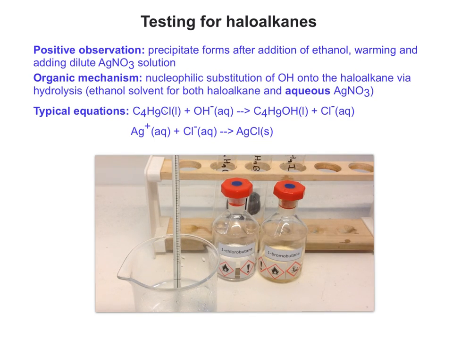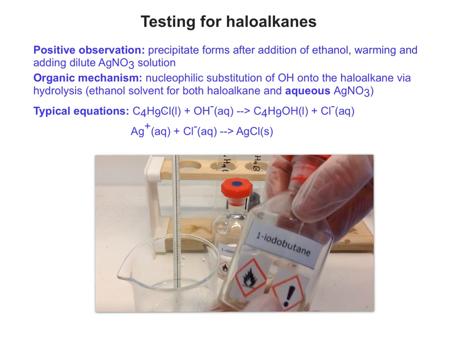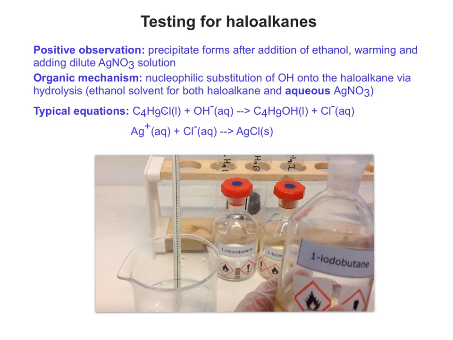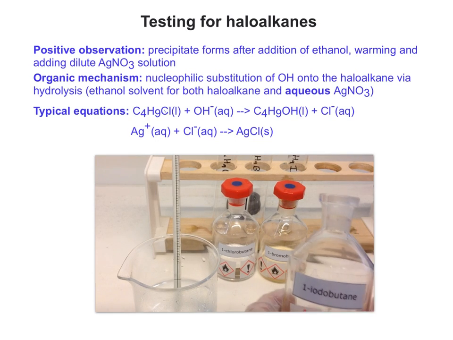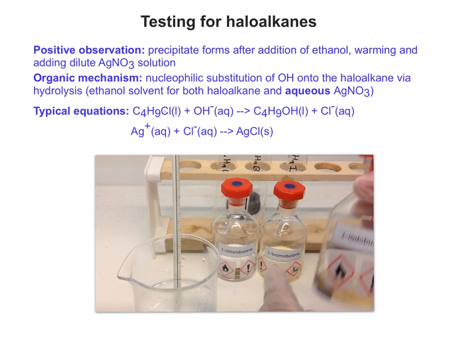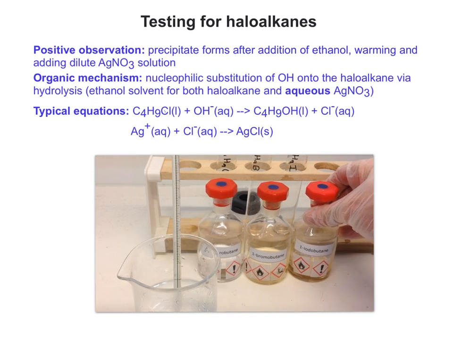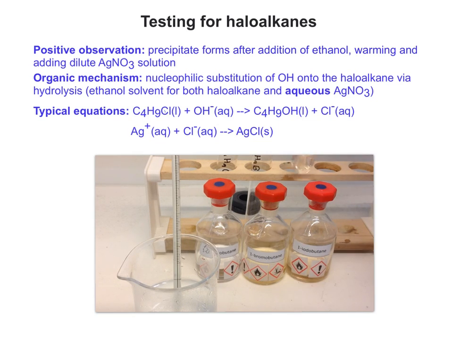So obviously what you'd be doing here, if you're writing the equations, is you just put Br instead of Cl, Br minus instead of Cl minus. So thirdly, finally, 1-iodobutane, C4H9I.